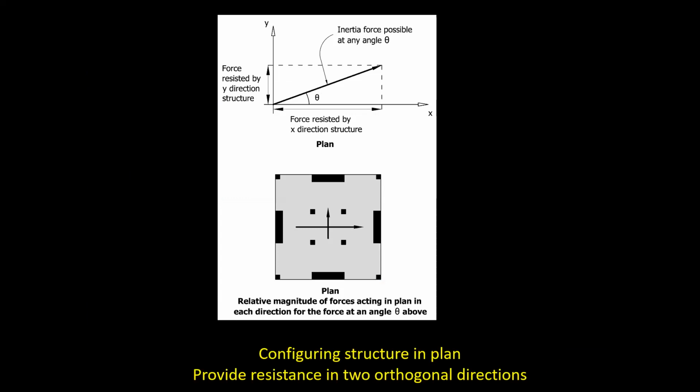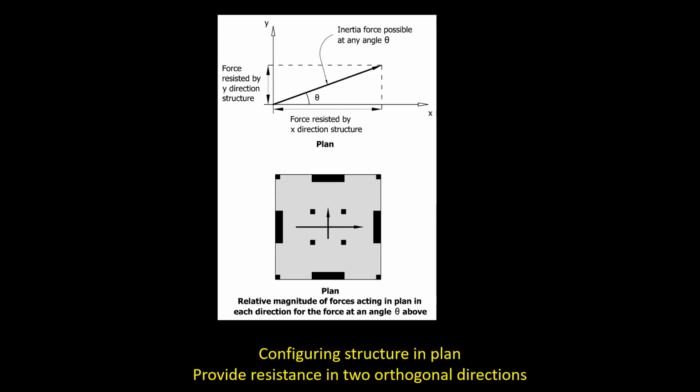So what about the structure for wide span buildings? Well, the principles are just the same for any building. It doesn't matter if it's a high building, a short span, or a wide span. The principles are the same.